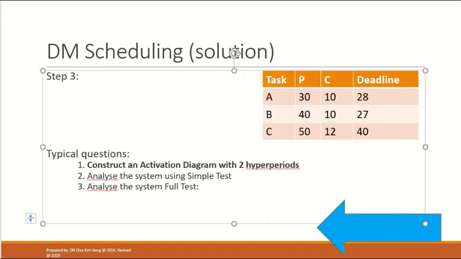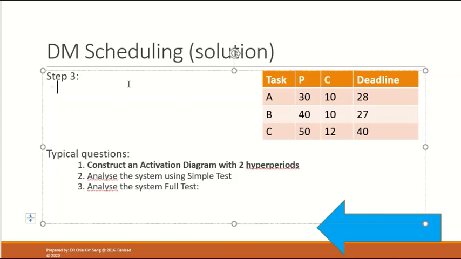So next is to analyze the system. This is very important. I think it's also part B in your project. The simple test is very simple, though not that simple as well.